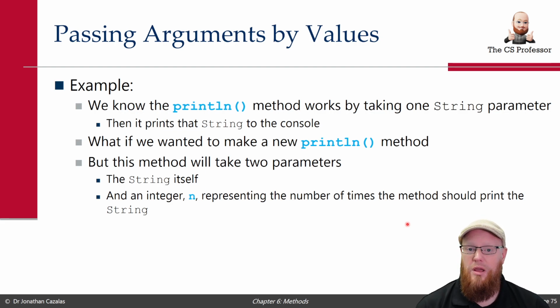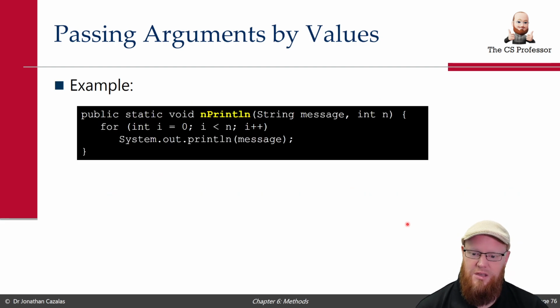And the second parameter would be an integer representing the number of times that we would like to print that particular message. Seems kind of silly, but it's a good example to talk about the order of these parameters and the necessity of matching up the actual parameters with the formal parameters.